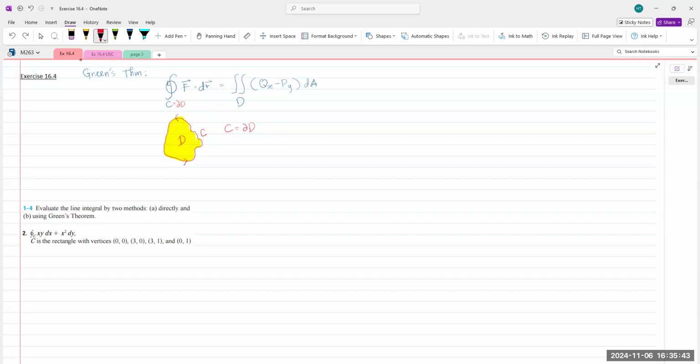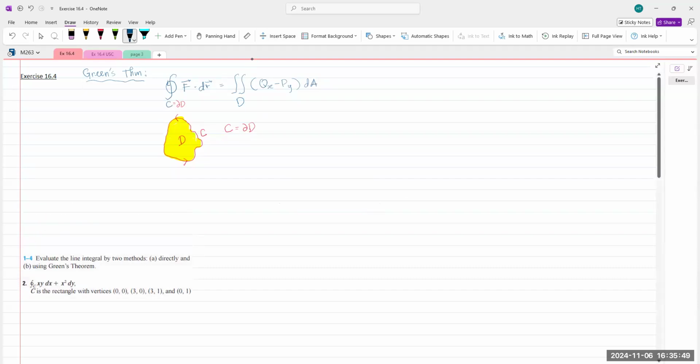One of the big consequences of Green's theorem is, for example, to find the area of region D, which is actually the double integral over D of dA.